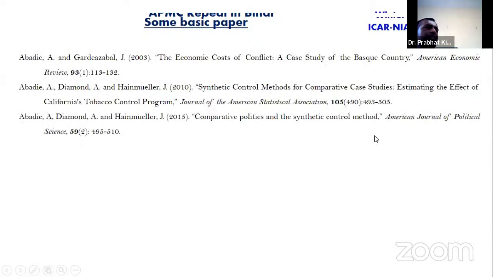So these are some of the basic papers I was talking about, by Abadie. They were the pioneers in this method, with papers in 2003, 2010 and 2015.